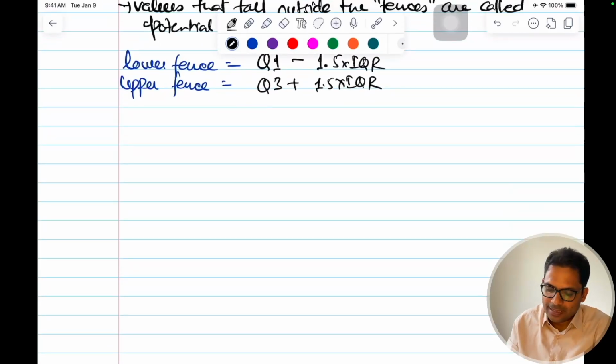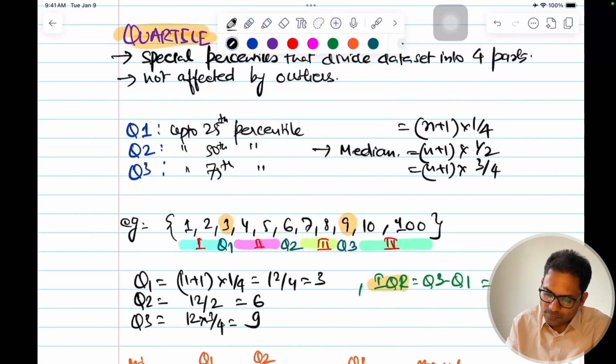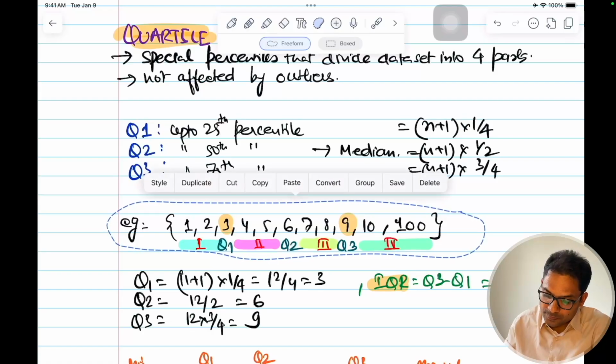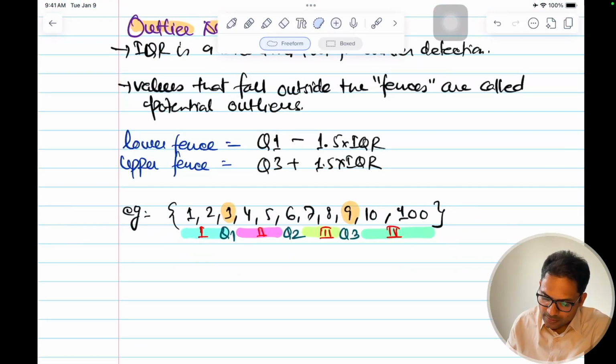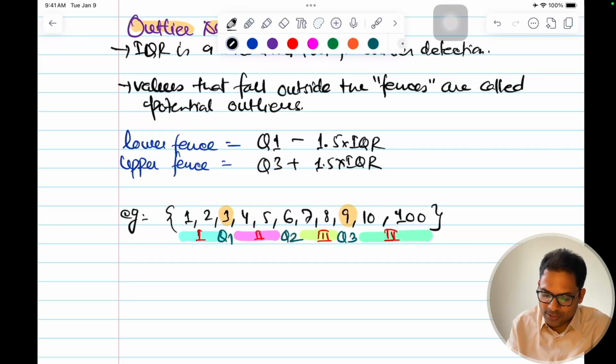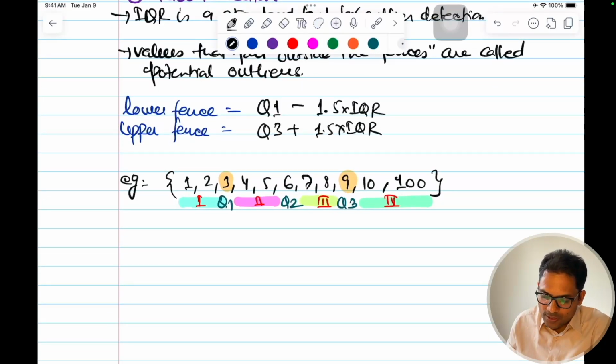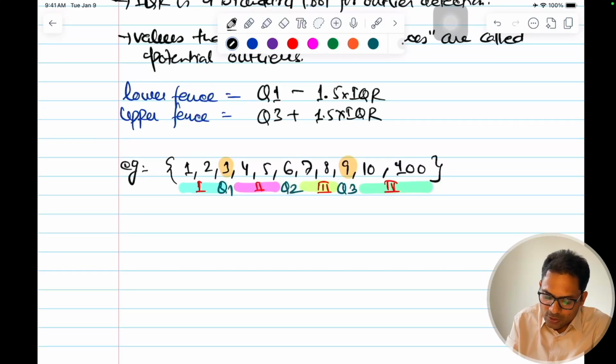I'll take the same example, let's copy it, and let's see what the outliers are in this data, and whether it can flag potential outliers or not. What will be my lower and upper fence? My IQR was equal to 9 minus 3, that is 6.